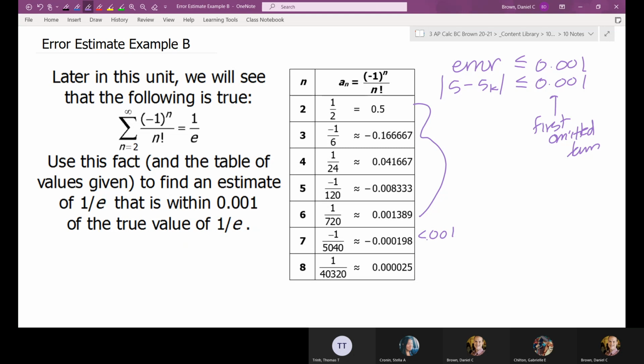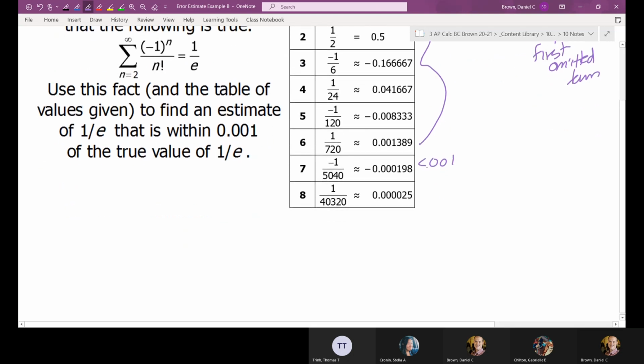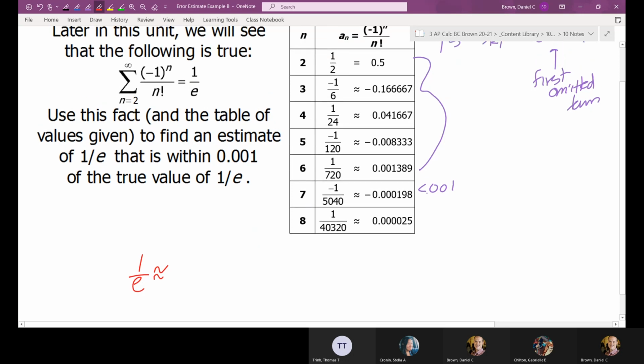If I wanted to write some notation for that, what we're basically saying is that 1 over e is approximately 1/2 minus 1/6 plus 1 over 24 minus 1 over 120 plus 1 over 720.